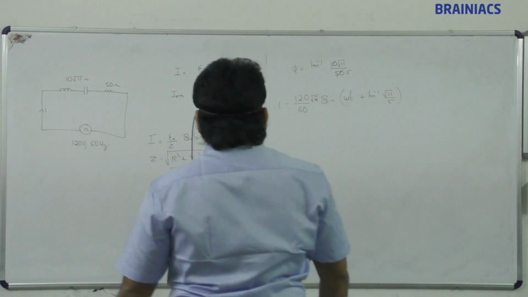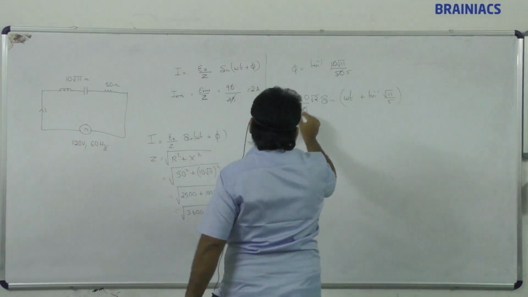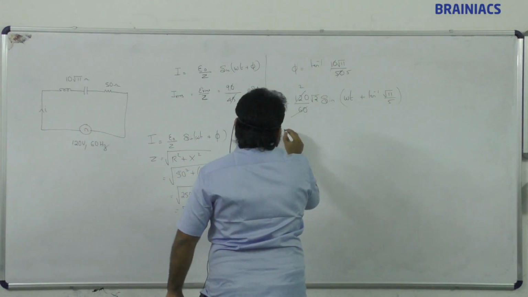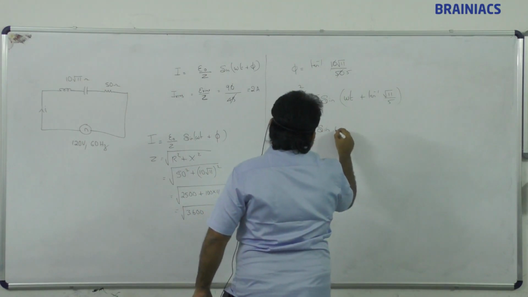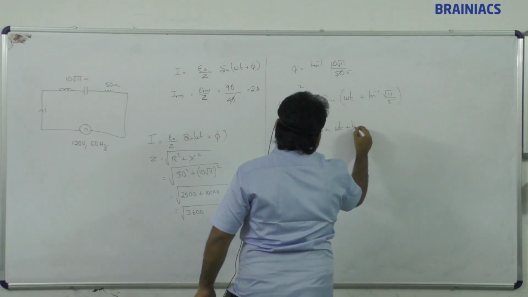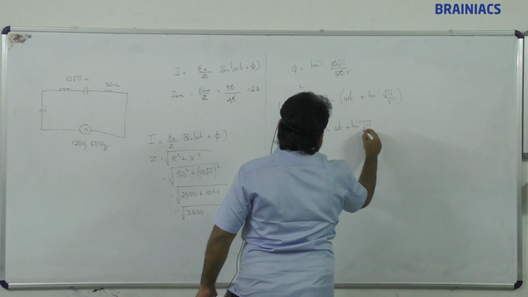So this is the complete equation. So I is equal to 2 root 2 sine omega t plus tan inverse root 11 by 5.